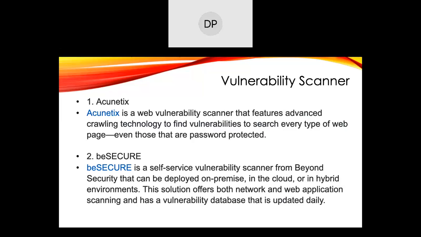Beyond Security's Be Secure is a self-service vulnerability scanner that can be deployed on-premise, in the cloud, or in a hybrid environment. This solution offers both network and web application scanning and has a vulnerability database that is updated daily. If you connect to the network, they will update themselves.